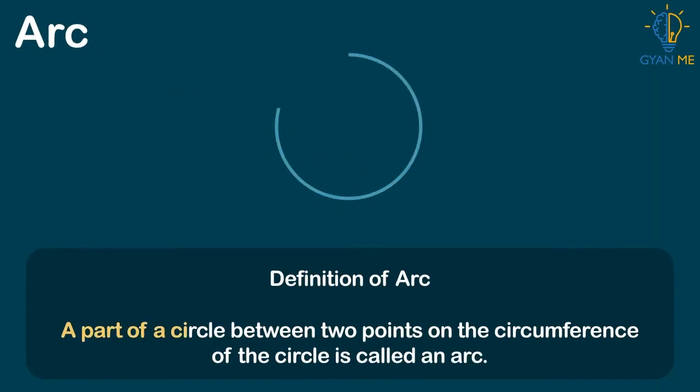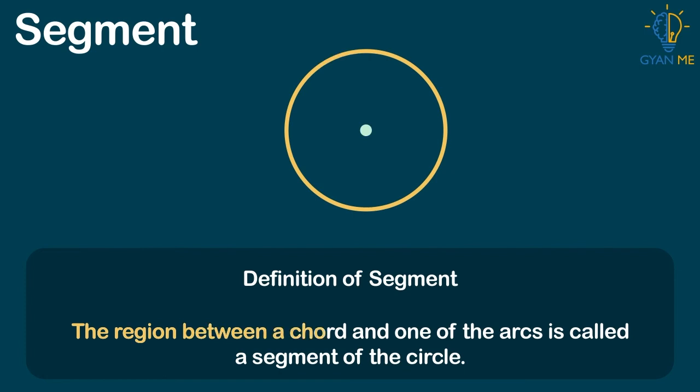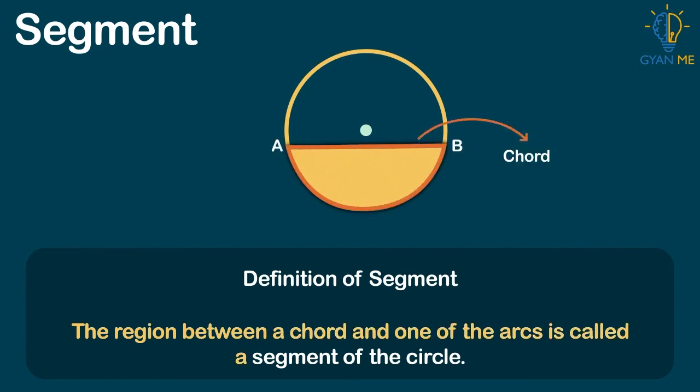Arc, a part of a circle between 2 points on a circumference of the circle, is called an arc. Segment, the region between a chord and one of the arcs, is called segment of the circle.